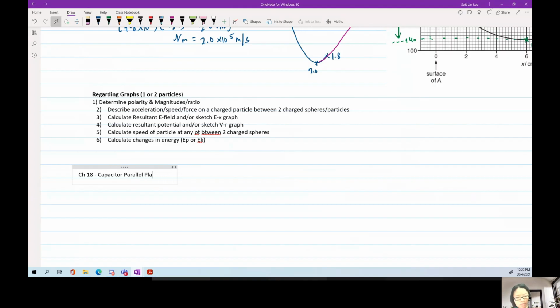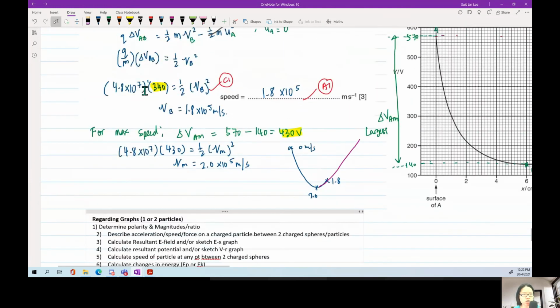But the thing about parallel plates is I'm also going to refer parallel plates to the electric field as well. So capacitor, we'll talk about parallel plates and E field in between parallel plates. It's a bit of a throwback to AS, but with an A2 spin for the parallel plates one. Uniform electric field.